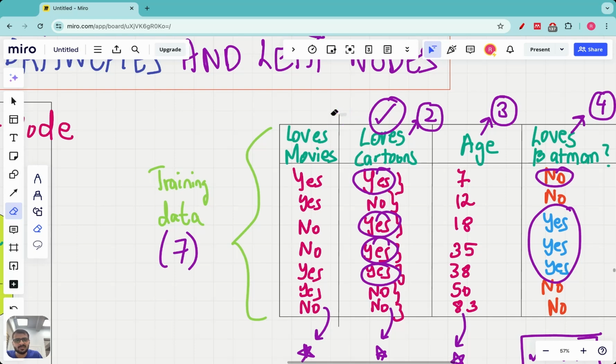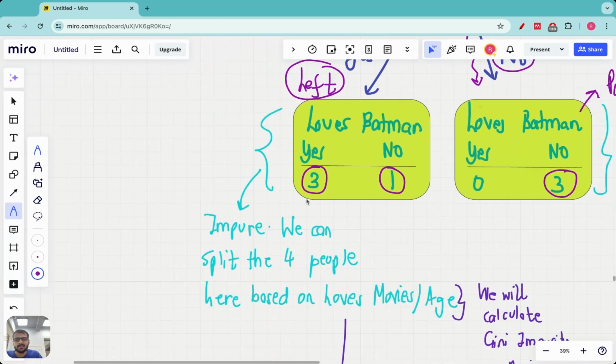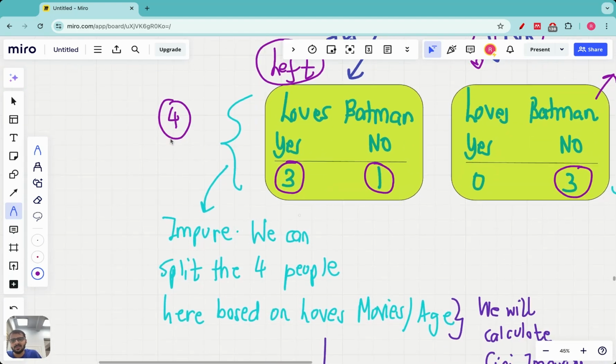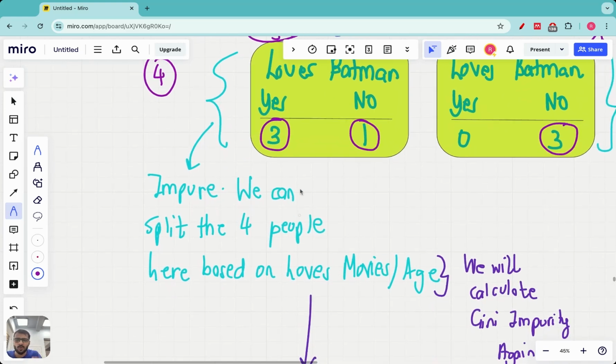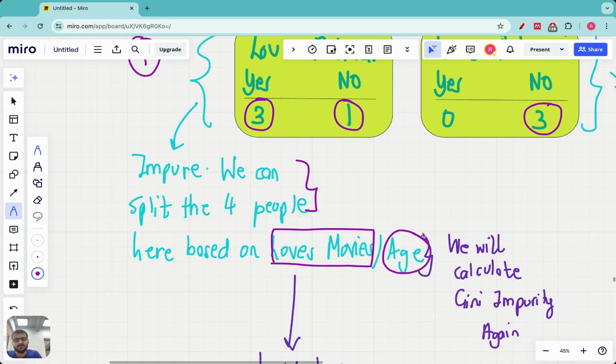First, let me erase some things here. Okay. So the loves cartoons question has already been asked. So I can either ask the loves movies question or the age. When I look at this left leaf category here, there are four people in this category. We can split these four people based on either the loves movie question or the age question.